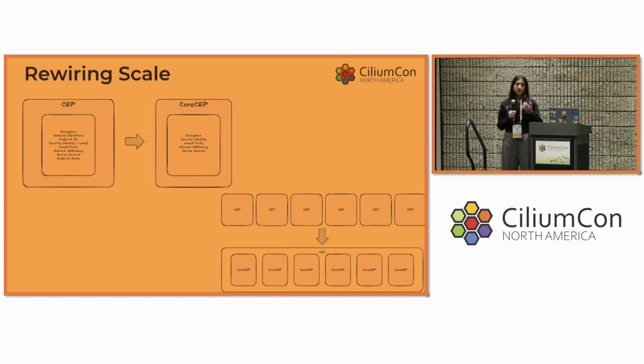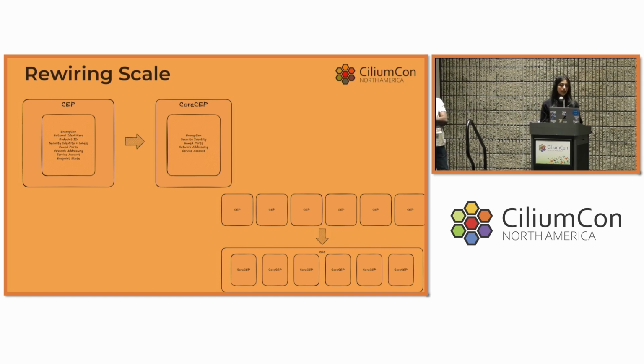Now we take this representation and batch it into a Cilium endpoint slice. There is a controllable field in the CES controller where we can say how many core Cilium endpoints we want to batch as a maximum in each Cilium endpoint slice, and we batch based on that. By default, we batch up to 100 core Cilium endpoints into a single Cilium endpoint slice.